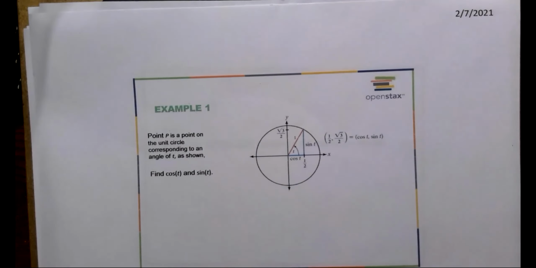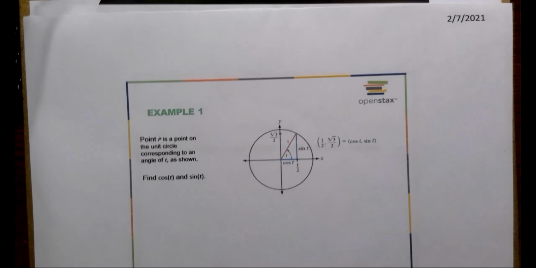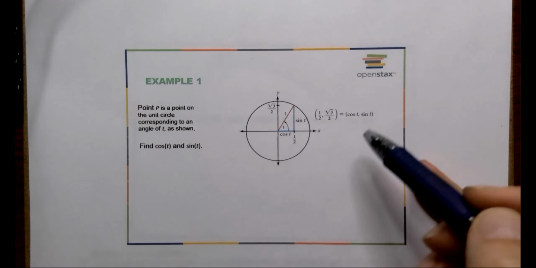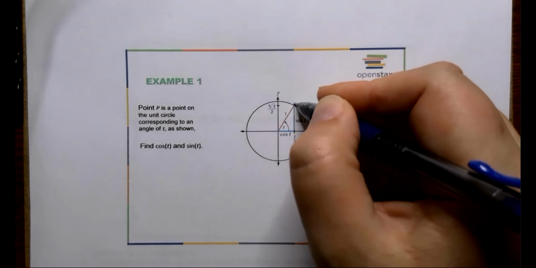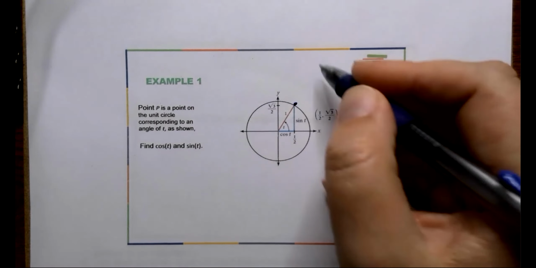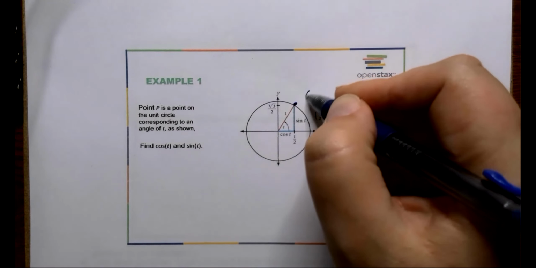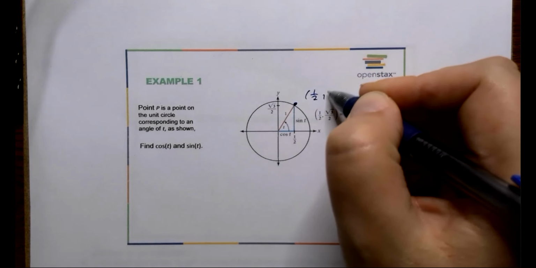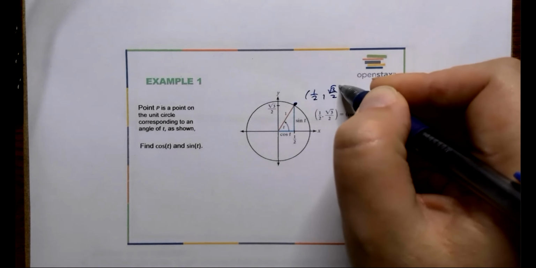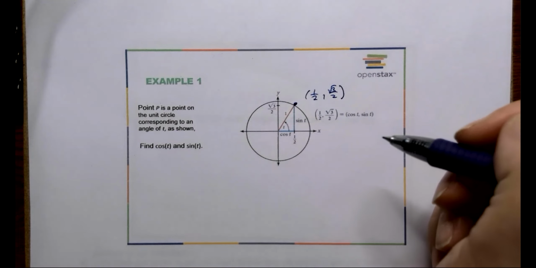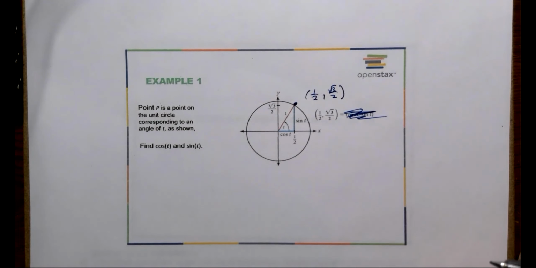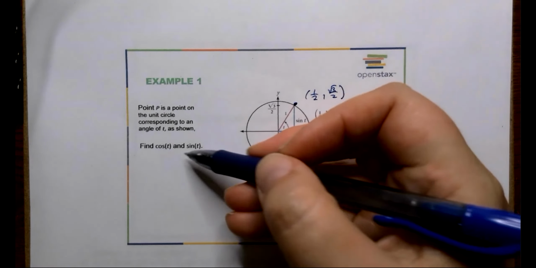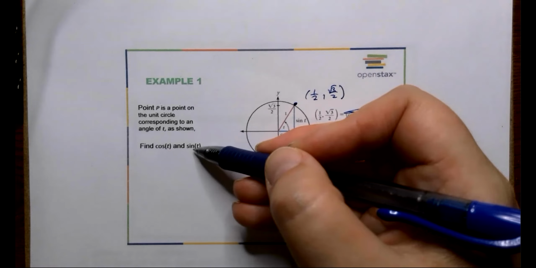And here's a first example. We have a picture of a unit circle, and we have the coordinates of the point here. It's 1/2 and square root of 3 over 2. This is extra information, and we're asked to identify the cosine t and sine t.